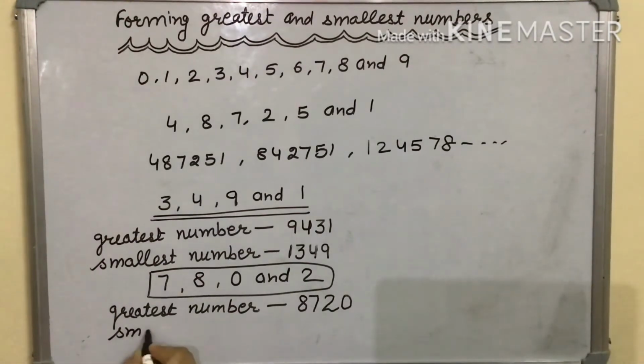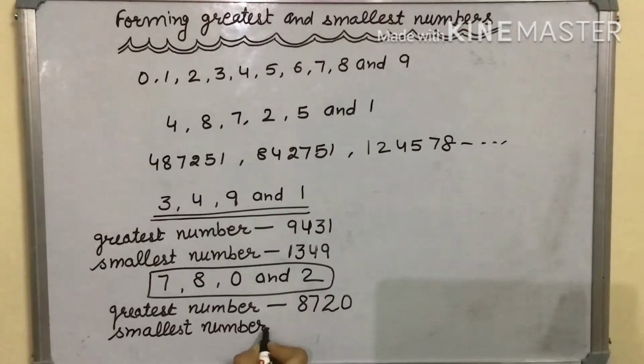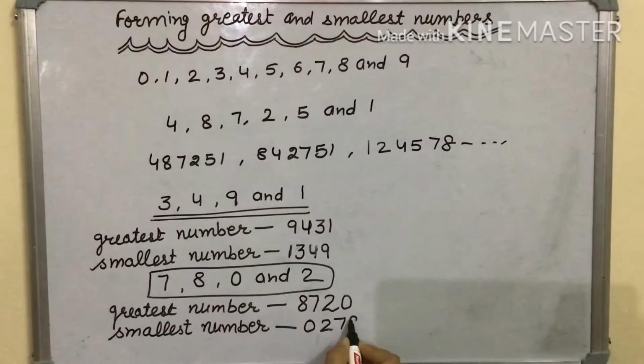Now we will write the smallest number of 4 digits. In the smallest number, we use the digits in ascending order. In the ascending order, first we use the smallest digit, that is 0, then 2, then 7 and in the last it is 8.